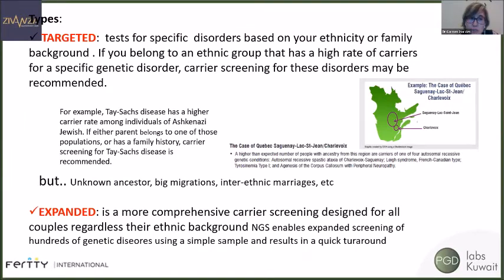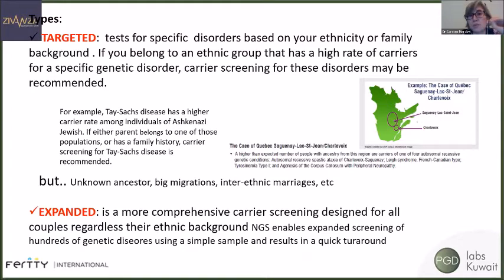There are two types of preconception genetic testing. One is what we call targeted genetic testing, which tests for specific disorders based on your ethnicity.